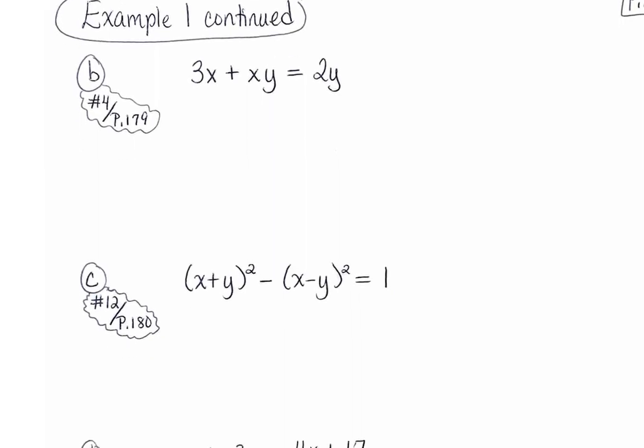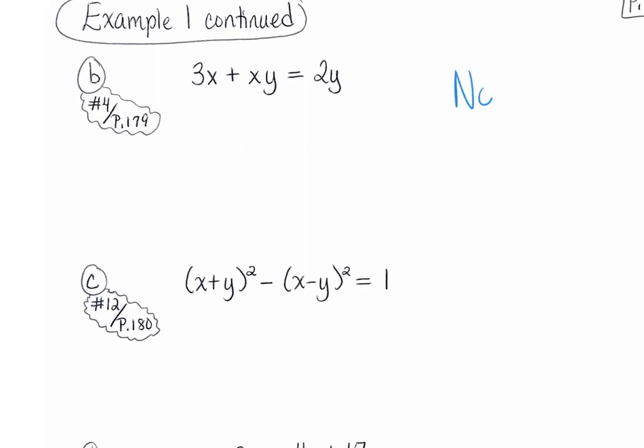So the answer is no here, because you have an x times y right here, means that this is impossible. It cannot be linear. Remember, your linear equations have the form ax plus by equals c, where a, b, and c are numbers. So no, because it has a product, x times y.